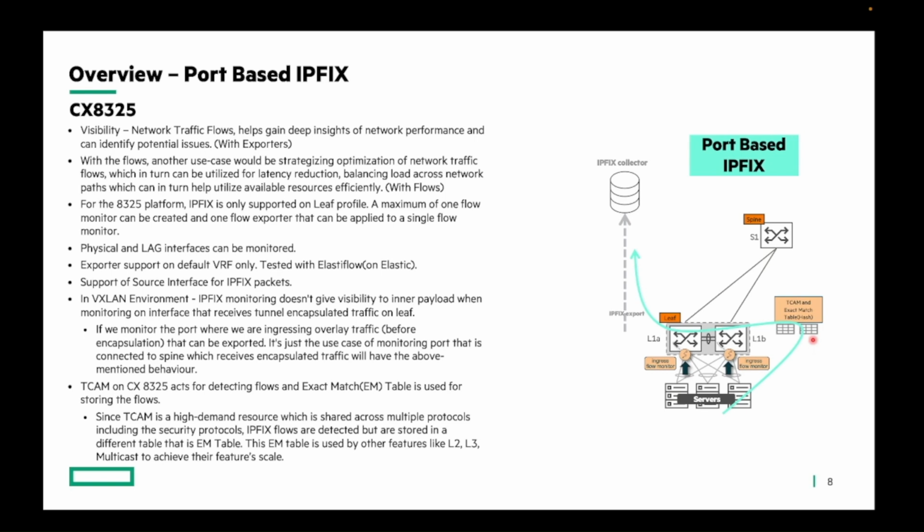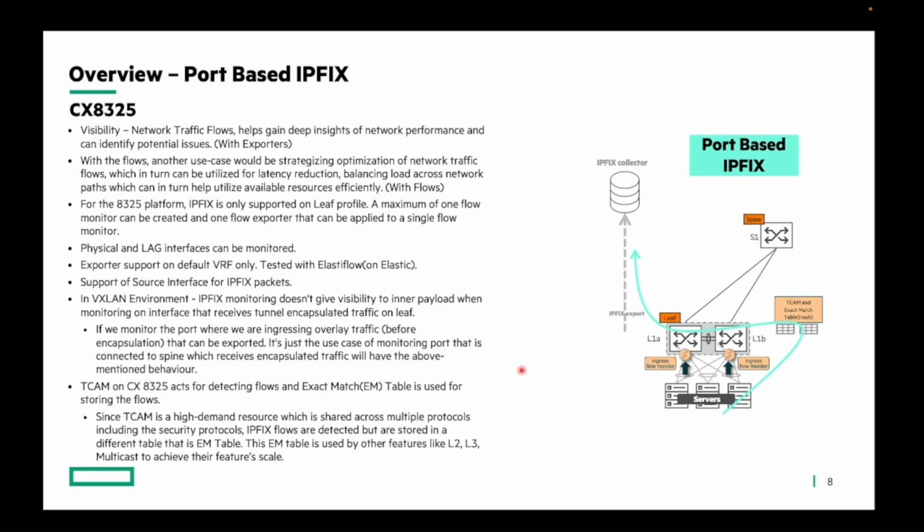Since TCAM is a high demand resource which is shared across multiple protocols, including the security protocols, IPFIX flows are detected but are stored in a different table, that is the EM table. Now, this EM table is used by other features like L2, L3, and multicast, etc., to achieve their feature scale. Right? That's the difference between these two.